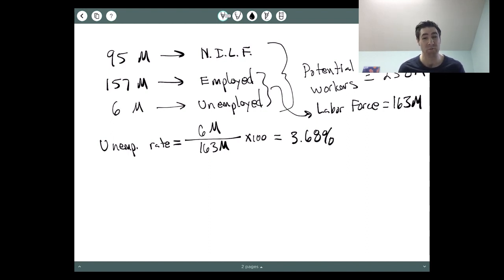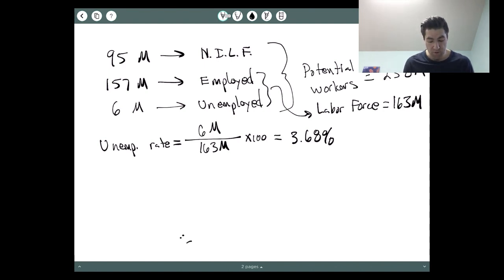So about 3.7%, 3.6%. That was in the previous month, so that's not going to be the case anymore. The unemployment rate is likely to shoot up within the next few weeks, at least above 10%. We'll see how much further above that it's going to go. But we'll get there and understand that as we learn a little more about labor markets. So the unemployment rate, about 3.7% of the labor force was looking for work.